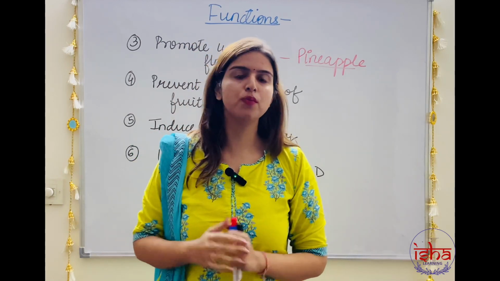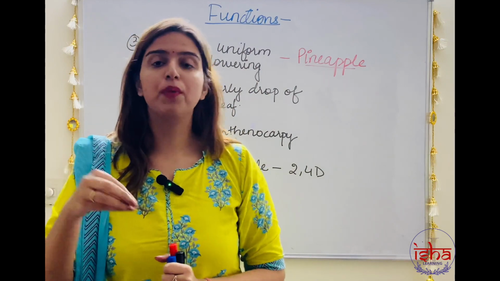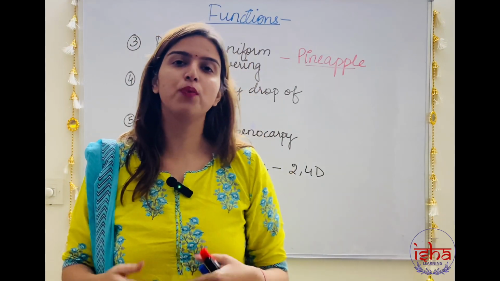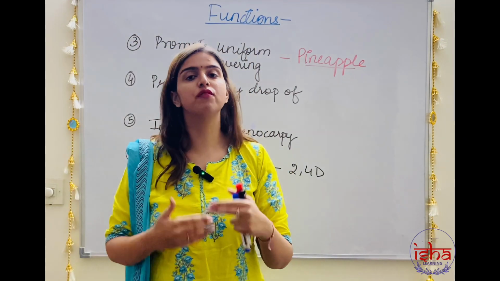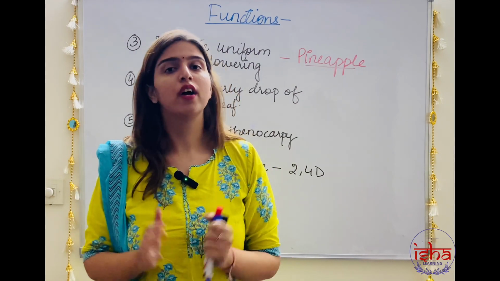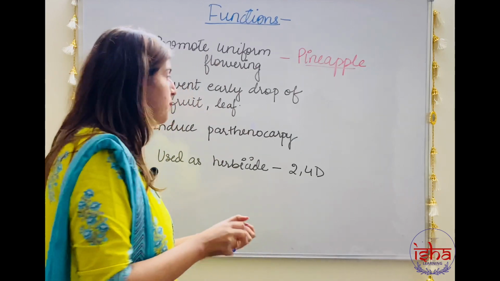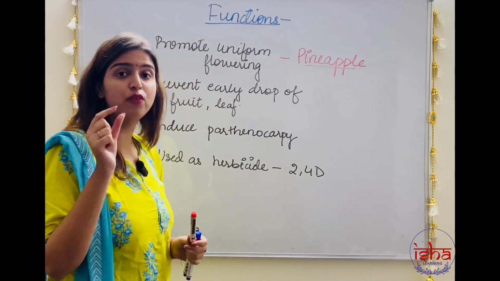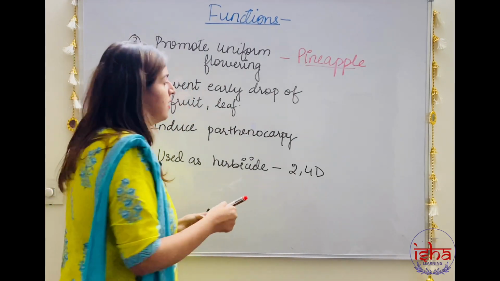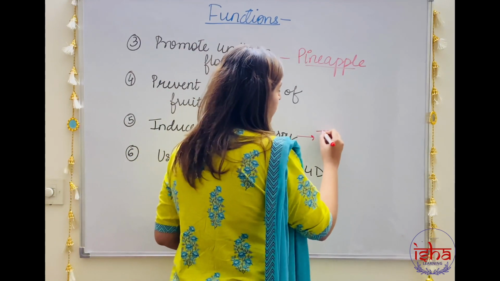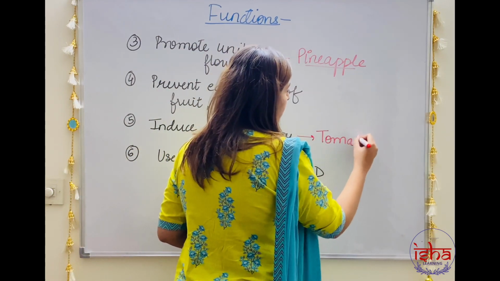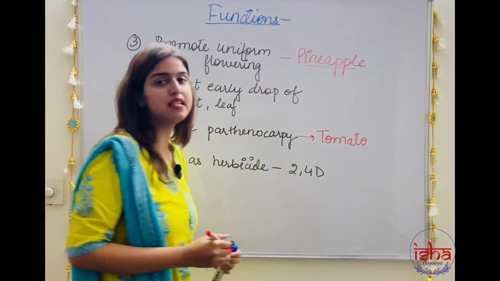What we do is we take the flower and we spray it with auxin. On spraying, the flower would get converted and form the fruit without the real fertilization process. So the benefit would be that our fruit would not have seeds. This is beneficial in plants like tomato, where we want to exclude the seeds.